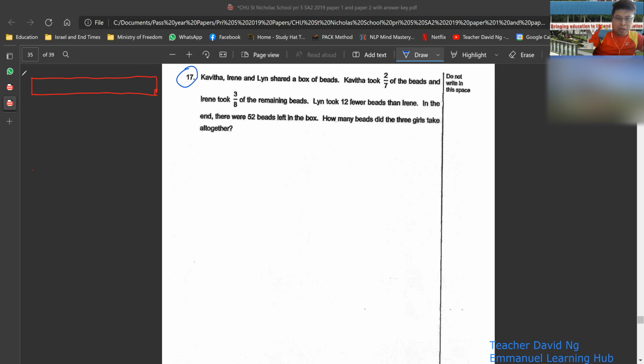Kavita has 2/7, so you divide into 7 units. Agree?